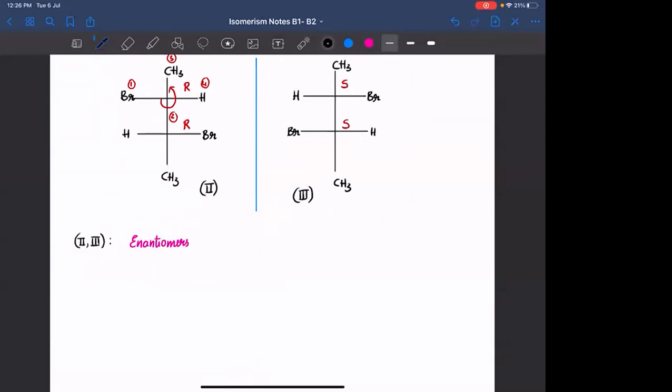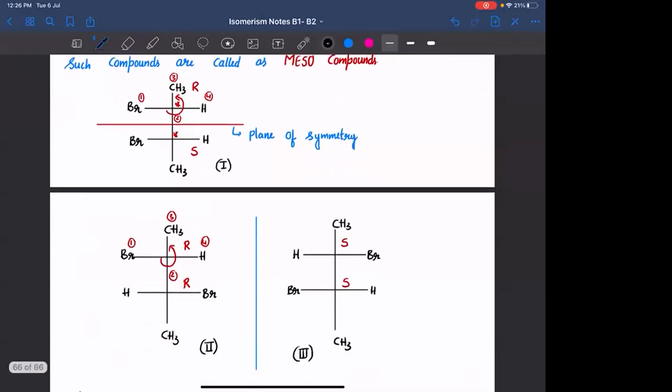If I see 1 along with 2 or 1 along with 3, if I compare these, observe everyone. 1 और 2 को देखो. First of all, identify are they isomers or not. What is meant by isomer? Molecules having same formula. This is having 2 Br, this is also having 2 Br. 2 hydrogens, CH3, CH3. Are they isomers? Yes, sir. They are isomers.